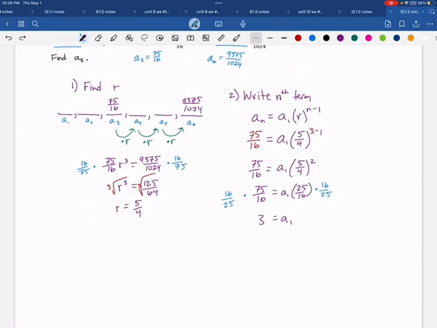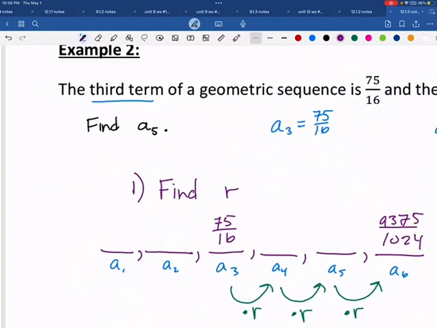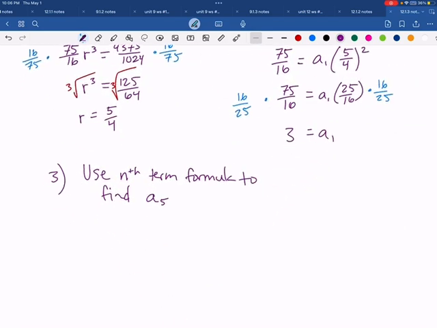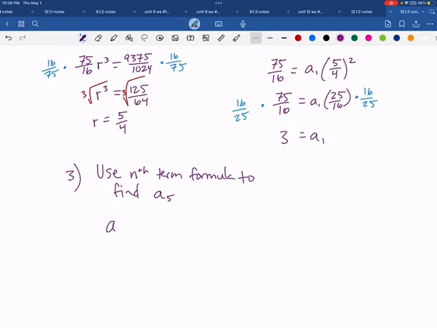And so for my third step, I can use my complete rule or my nth term formula to find what I want to find, which again I forgot to write, but we're going to find a5 now. So now I can plug in to find a5.